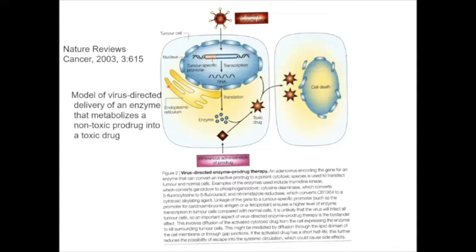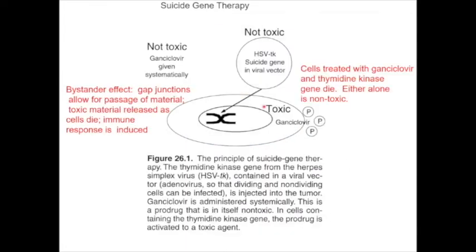Okay. The way in which we get specificity for tumor here is the ganciclovir goes throughout the entire body. It's given systemically. There's no question about where it goes. But the herpes virus infects the tumor. And in fact, in the case of GBM, the virus was actually given during surgery to be able to carry out this function.